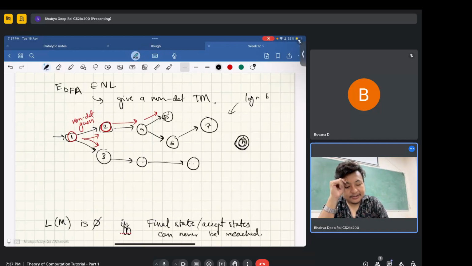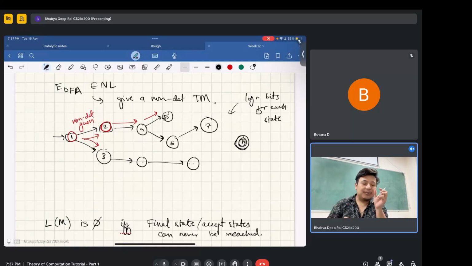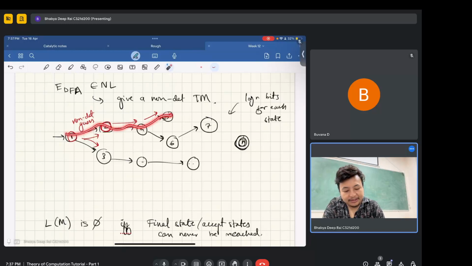Log n bits for each state, to number each state and store it. So each time I'll remember only one state. I'll forget where I came from, and I'll just keep doing this.